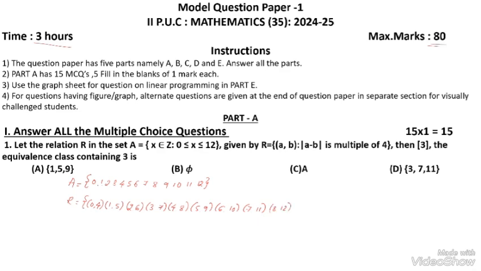Then again I can take 0 comma 8. We get 8, which is also a multiple of 4.